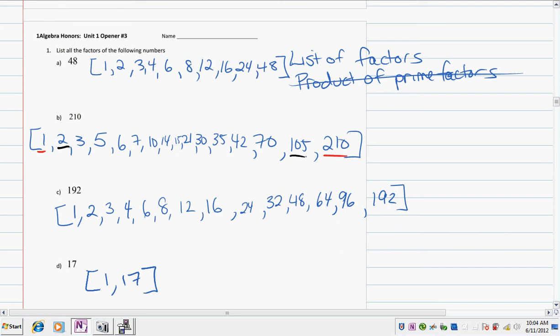And I didn't just use my calculator to divide, I started using some divisibility rules. So some things to think about is something's divisible by 2 if the last number is even.